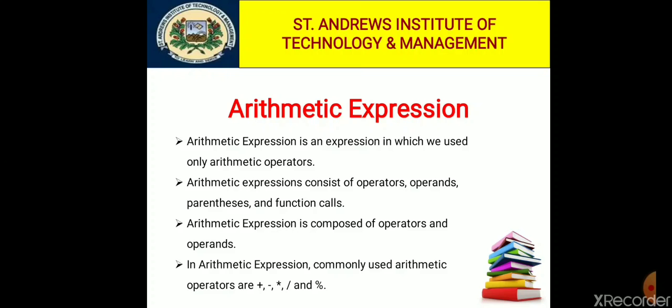The arithmetic expression consists of operators, operands, parentheses and function calls. An arithmetic expression is composed of operators and operands, and we also know operators act on operands to yield a result. Commonly used arithmetic operators are addition, subtraction, multiplication, division and modulus.